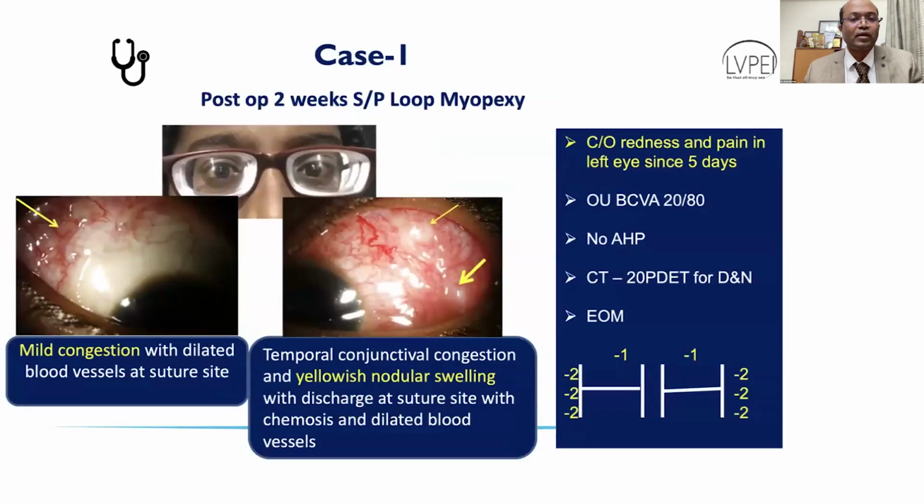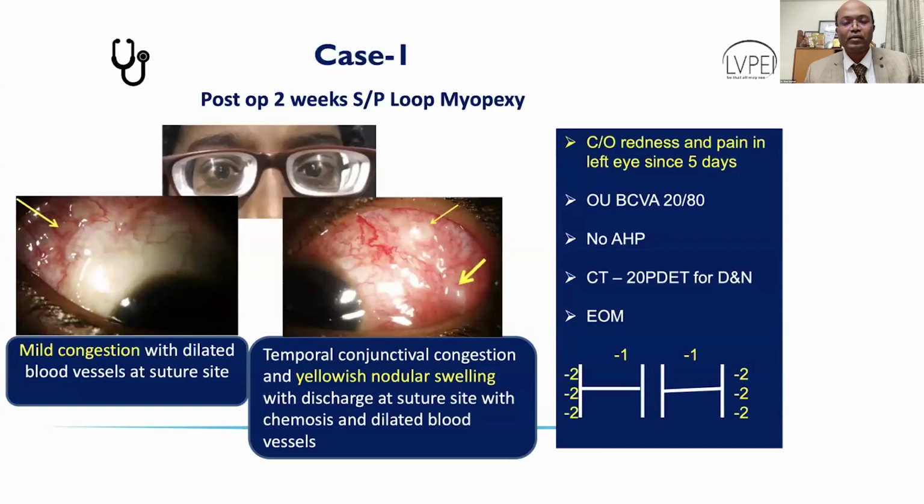This particular case presented 2 weeks after loop myopexy with redness and pain in his left eye for 5 days. On examination, he had mild congestion in the right eye in that particular quadrant.